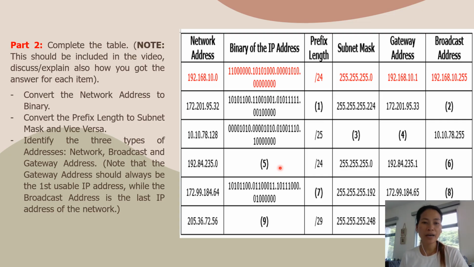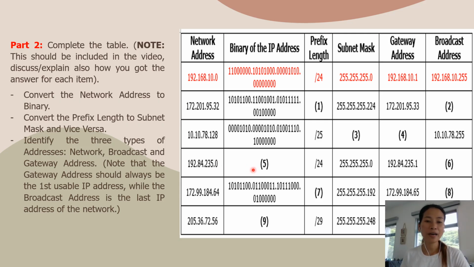Okay? So next is number 5. We have to convert this into binary. So 192 first. We will get 192 by adding 128 plus 64. So that means it will be 1, 1, 0, 0, 0, 0, 0, 0. Okay, dot.